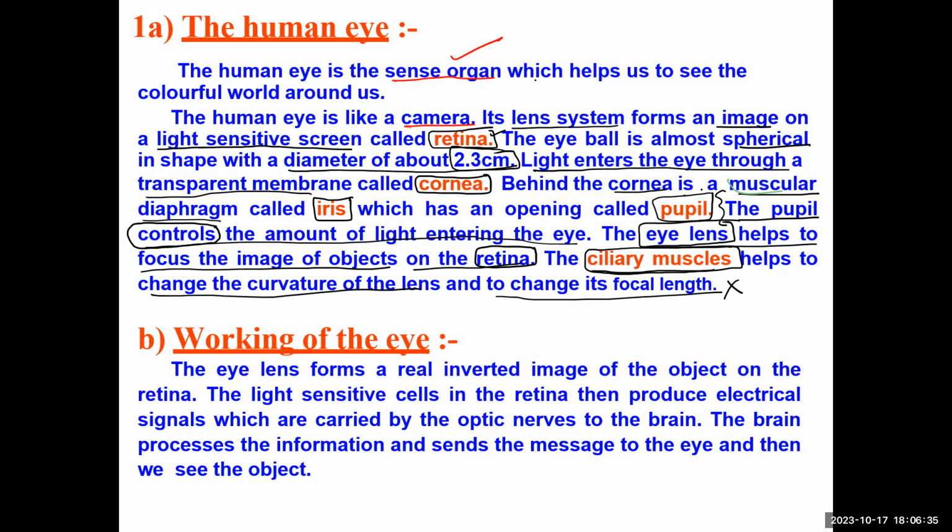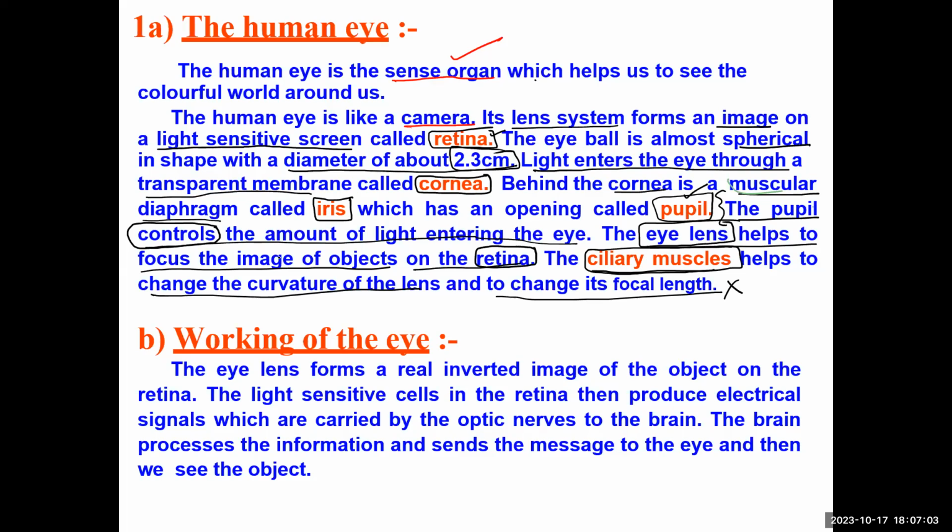What is the function of the pupil? The pupil will control the amount of light which is entering the eye. The pupil is just like a control system which will allow only the amount of light that the eye can sustain. I can call the pupil a control system.